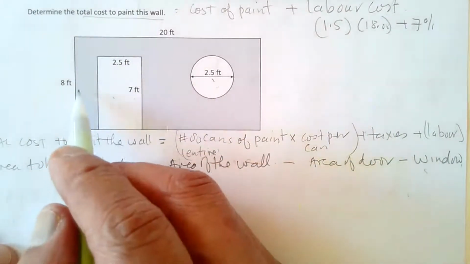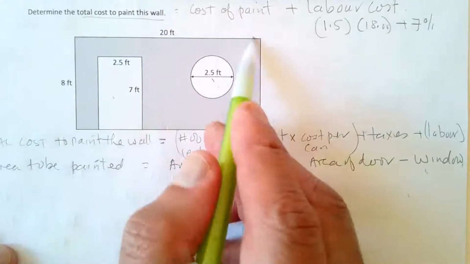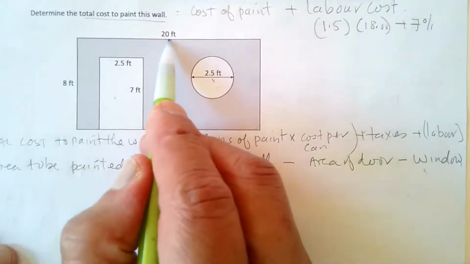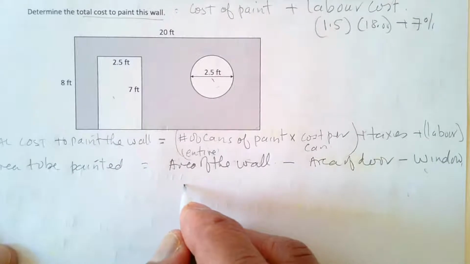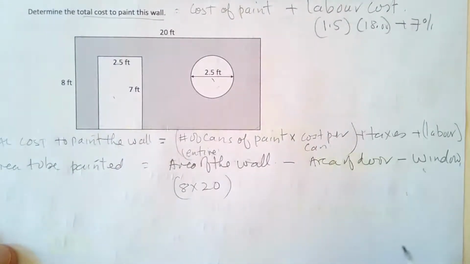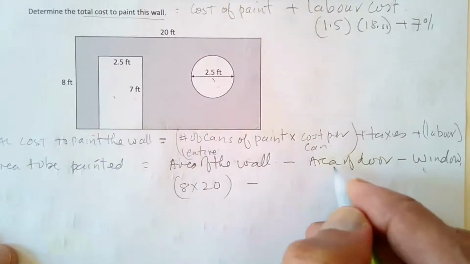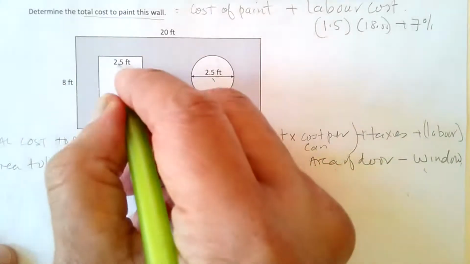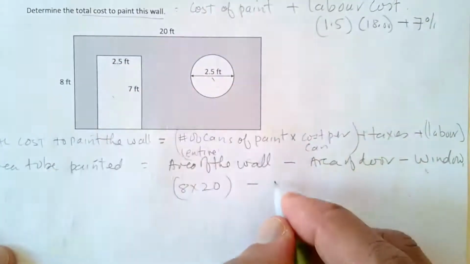From our calculation here, we can see that the entire area will be 8 times 20. The area of the door is 2.5 times 7.